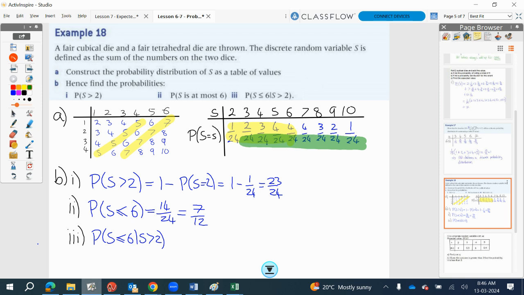Well, it intersects on 3, 4, 5, and 6. If it intersects on 3, 4, 5, and 6, that is 5, 9, 13. So we have 13 over 24, out of a total of 23 over 24. We have a common denominator in both those fractions, so it simplifies to 13 over 23.